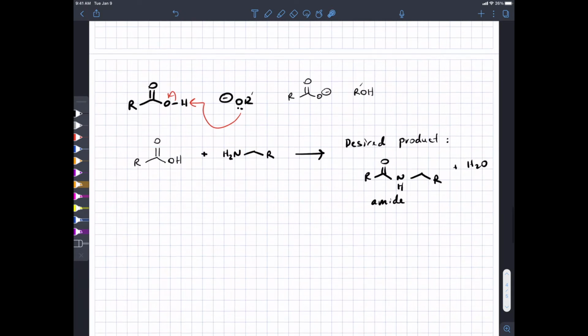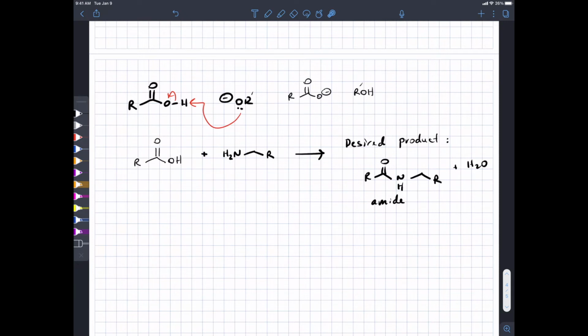You would envision the nitrogen attacking the carbonyl carbon, getting a tetrahedral intermediate, swapping who's the good leaving group, and so on to do the substitution reaction.